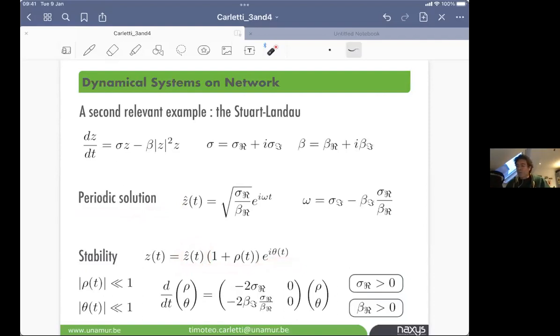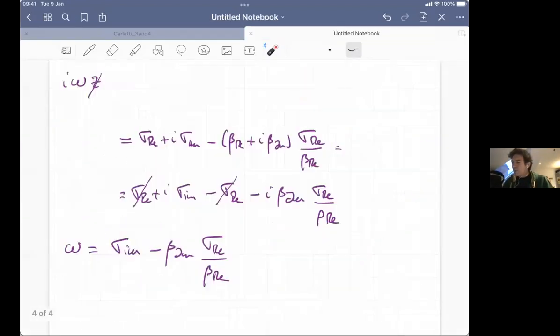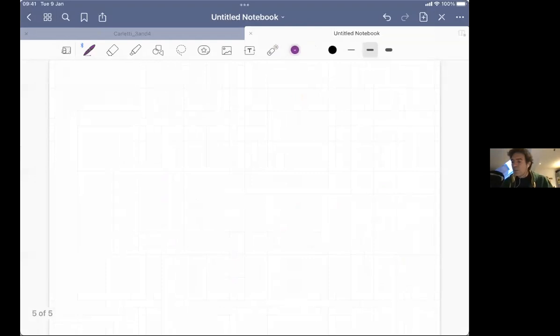What does it mean small? If rho is 0 and theta is 0, you end up with your initial solution. So if rho is small and theta is small, you can think that you are nearby this time evolving solution, and so you would like to study the stability. Okay, so this is what we are doing right now. Today is a bit computational, but I think it's good. So let me write my system.